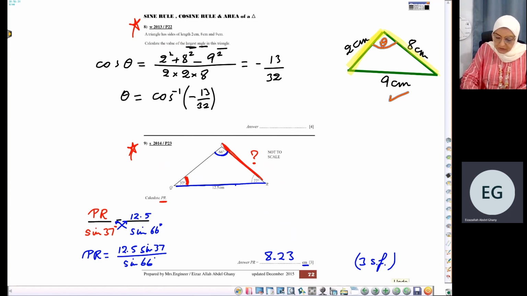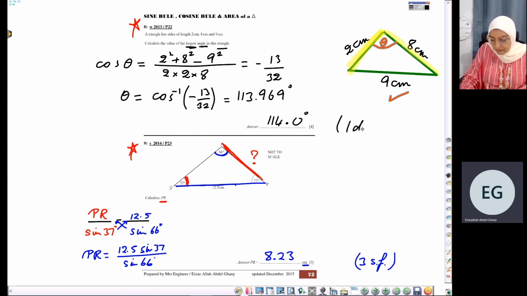Take care of rounding. We said before that the angle should be 1 decimal place. It's a rule, okay? How to cut it? You cut 0.9, so it will be 114.0. Okay? The angle should be given as 1 decimal place.